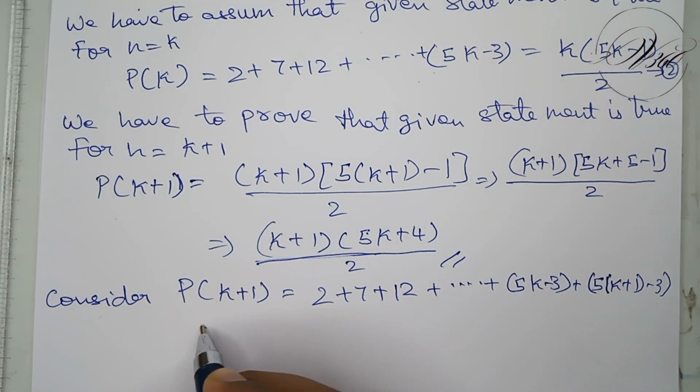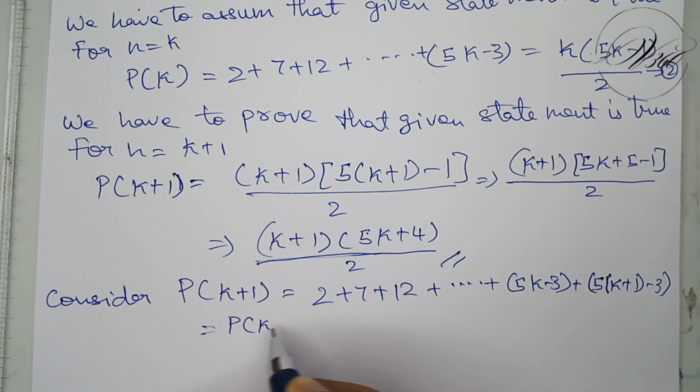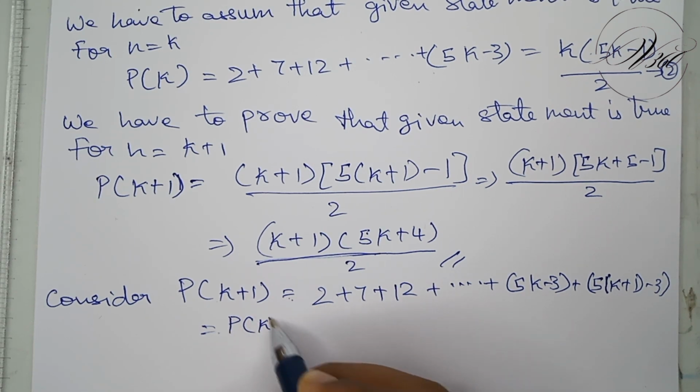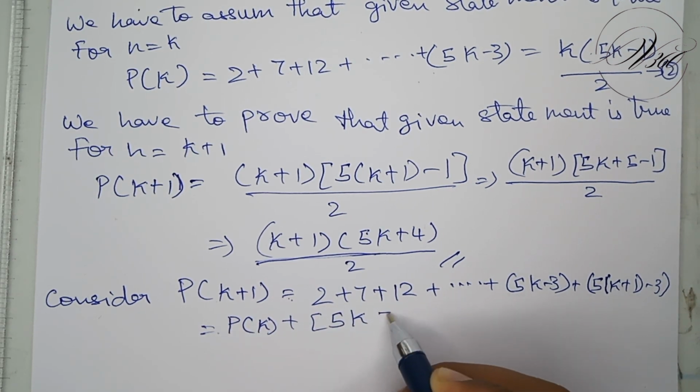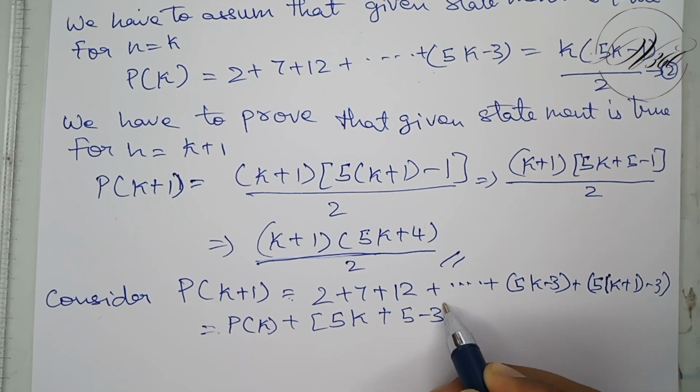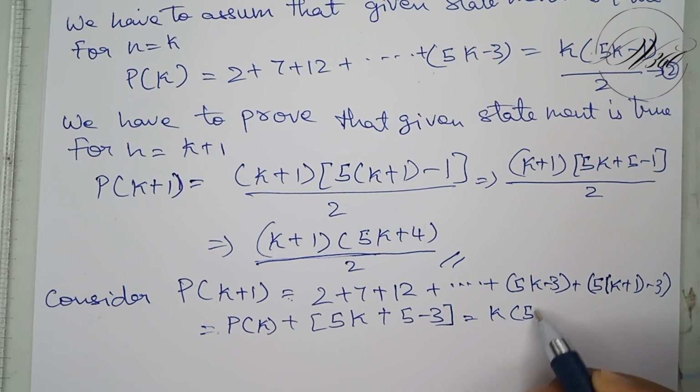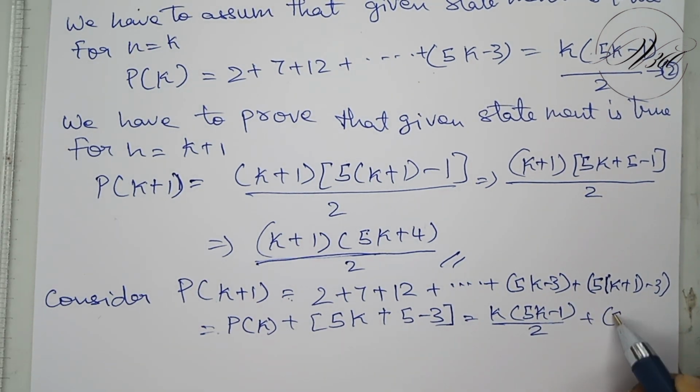Okay, now P(k), from here, this is a continuation of this. So P(k) plus 5k plus 5 minus 3 is equal to k(5k minus 1)/2 plus 5k plus 2.